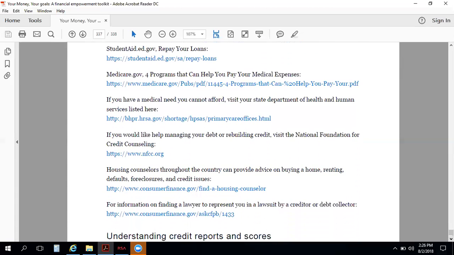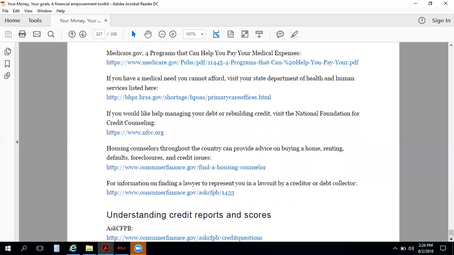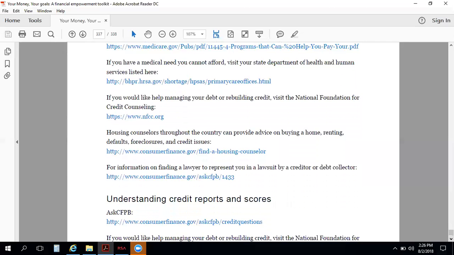Some information on resources to help pay student loans, Medicare premiums, and health insurance premiums. It provides some valuable resources for debt and credit counseling for people who are behind on bills and might need some help developing strategies to get caught up.